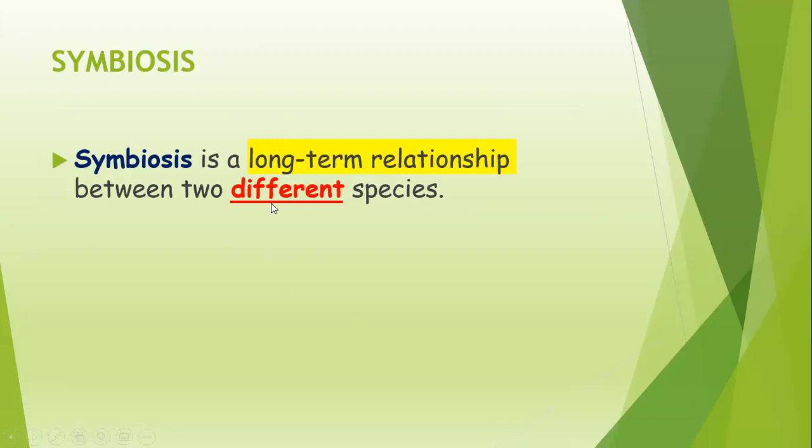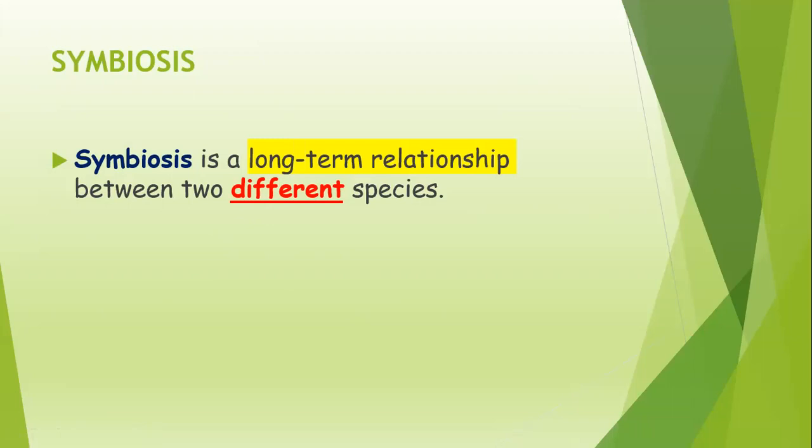When I say different species, it means when two wolves are relaxing with each other, it does not fall under symbiosis because they are the same species, right? If two of the same species are fighting with each other for a piece of meat or any resource, it is again not symbiosis. Why? Because it is between the same species.